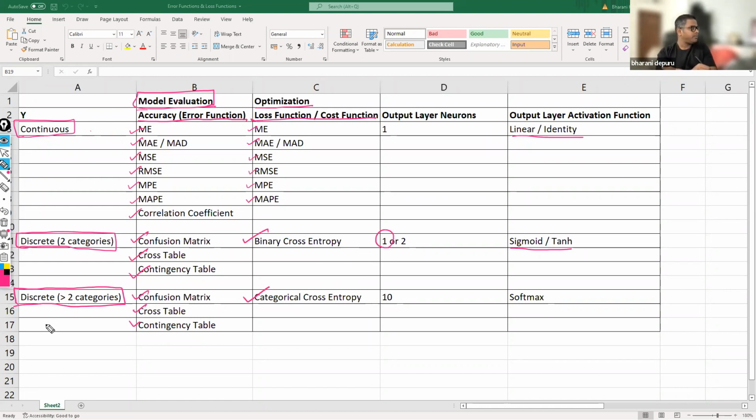For example, if you have 10 classes, then it's called as 10 class problem. And when it comes to activation function, we end up using something called as softmax. This is something that you need to remember. These are all very standard things which are used.